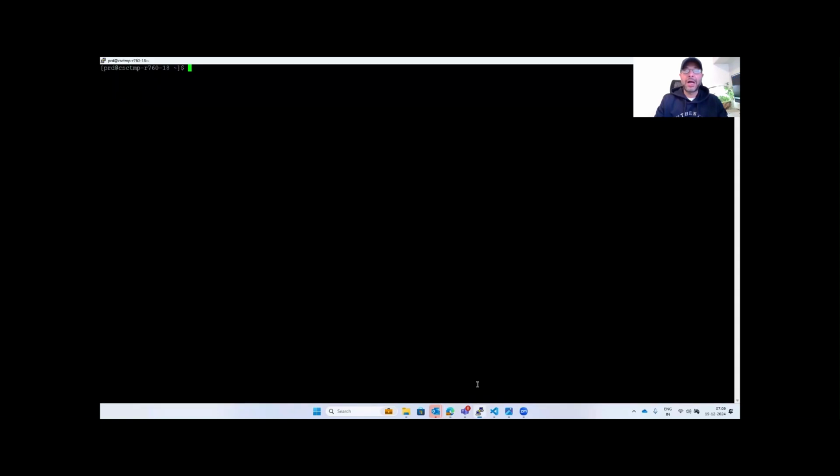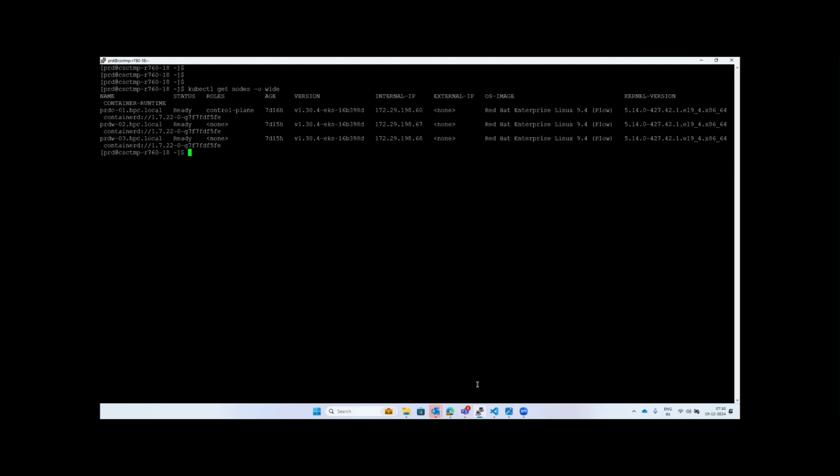And then I'm on my terminal, which I generally use to access my cluster. The cluster itself takes roughly about 30 minutes to set up, not anything beyond that, okay? It's a pretty simple way to get up and running with an EKS Anywhere cluster on bare metal. So if you look at my nodes, there are 3 nodes.